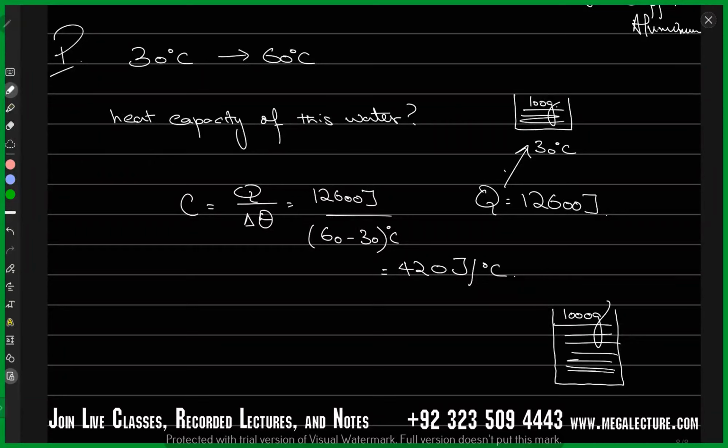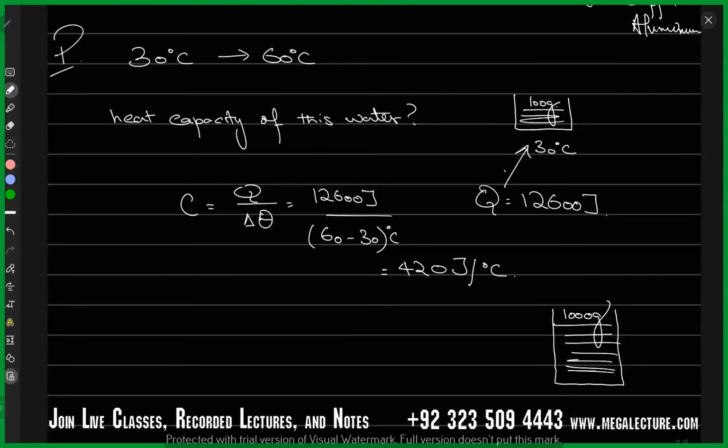What would be the heat capacity of this 1,000 grams of water? There is a very easy way to compute this. 4,200, because just multiply it by 10. Yes, by 10, not 2. Exactly.